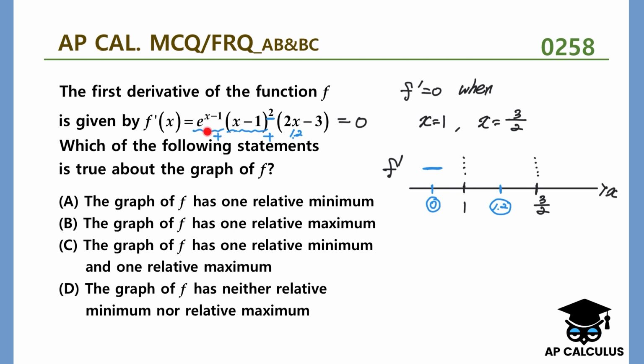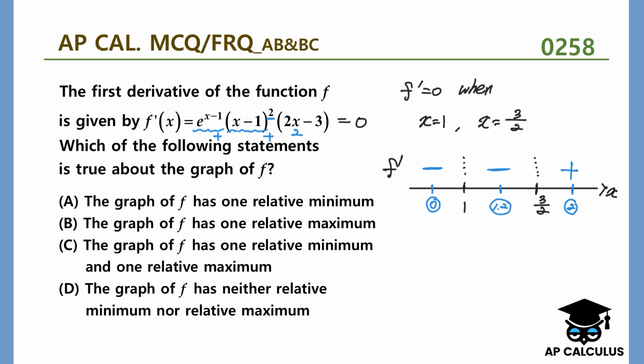Remember, these other factors are always plus, so don't worry about them. So here we have a minus. Now substitute maybe 2, since 2 is greater than 1.5. 4 minus 3, that's positive, right? So here we have a positive.